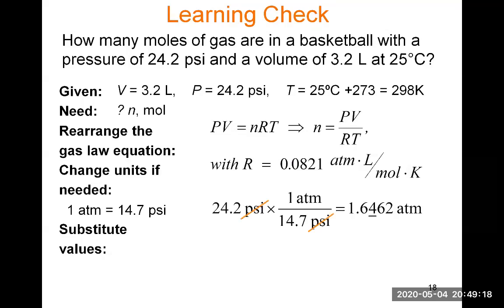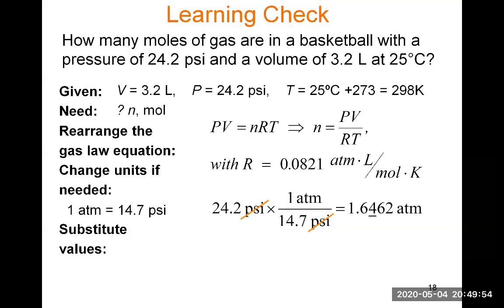So you will put the 14.7 PSI in the denominator and the 1 atmosphere in the numerator. This way PSI cancel and you're left with atmosphere. So in the calculator you do 24.2 divided by 14.7. The answer is 1.6462, etc.